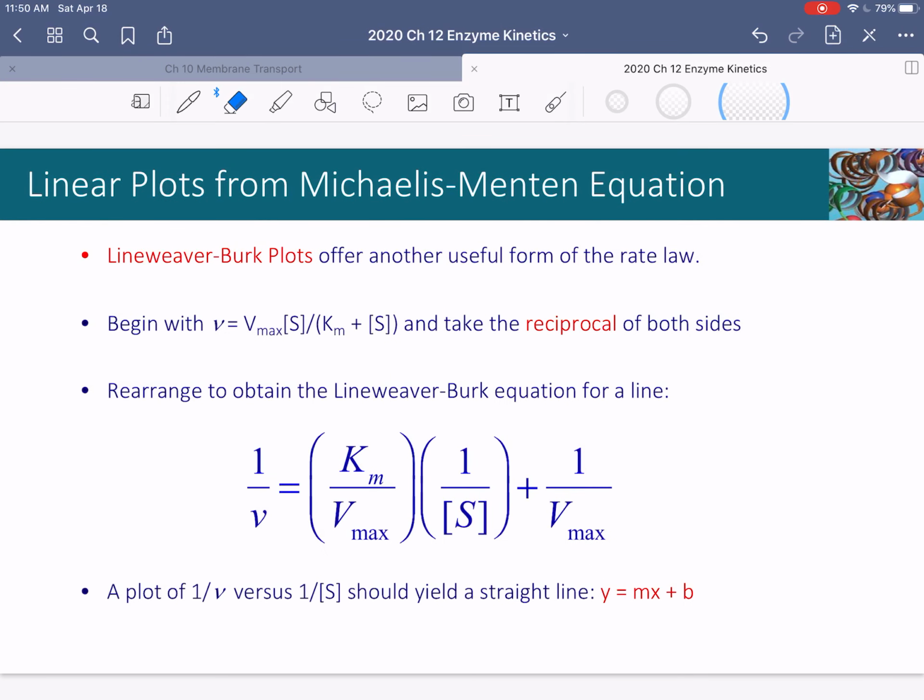So if they're competing for the same site, then that's competitive inhibition. When you use a Lineweaver-Burk plot to distinguish between the types of inhibitors, we're going to be reviewing this y equals mx plus b form of the Michaelis-Menten equation.